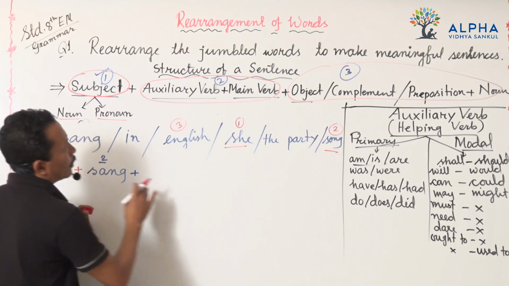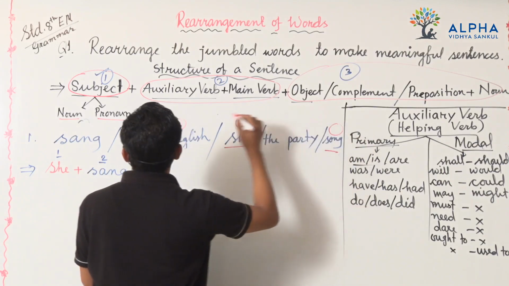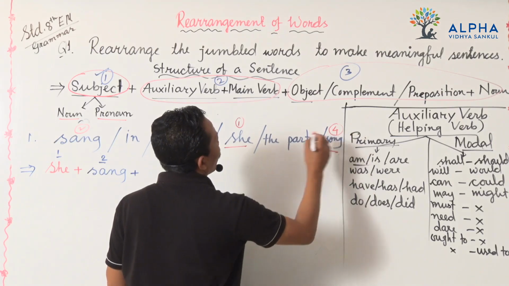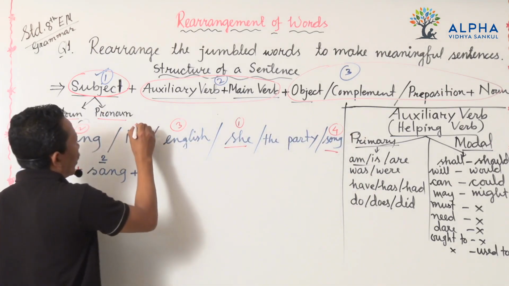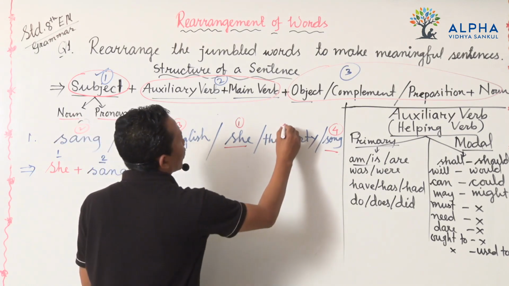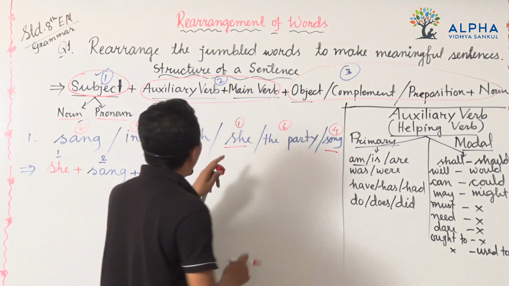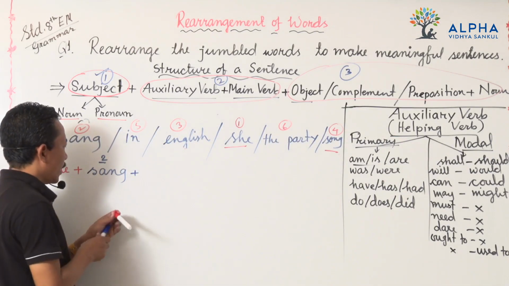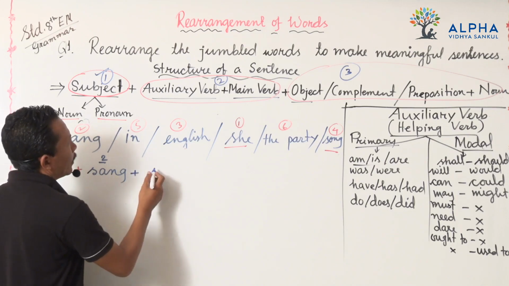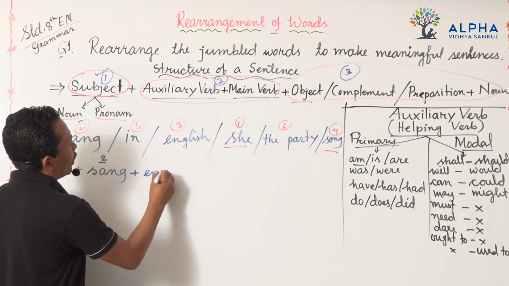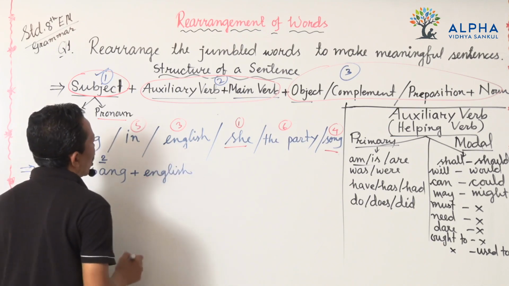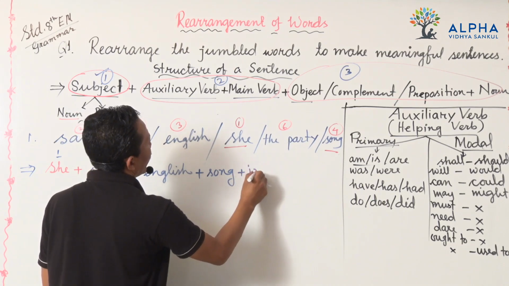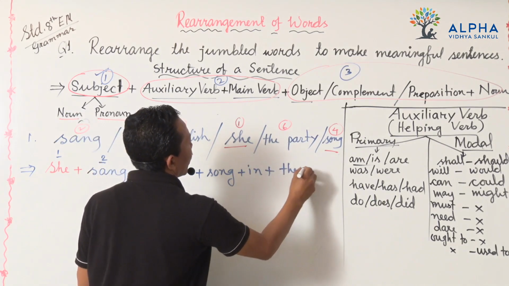She sang, here it is 2, 3, English song 4, in 5, and this 6. And the answer comes how? She sang English song in the party.